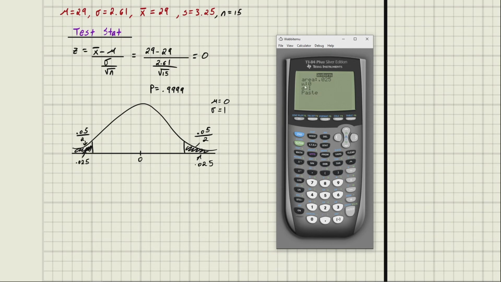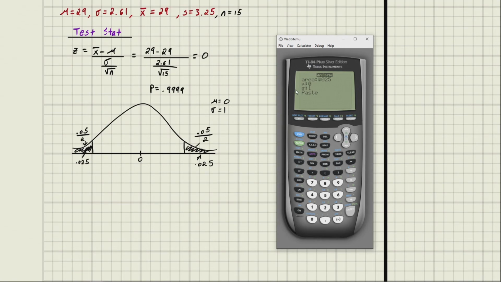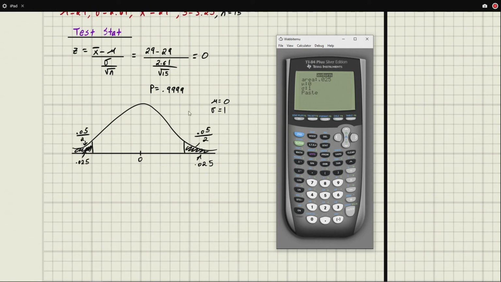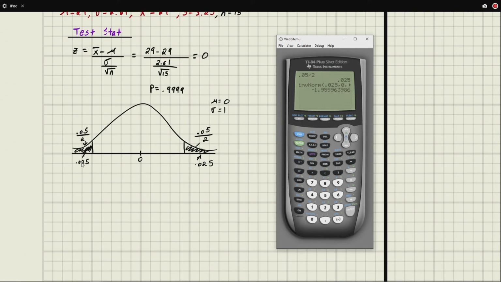I see this is another common mistake. People will put in the stuff from their problem where you're looking at a pure standard normal distribution. So don't use the ones you have from the problem. Use just the ones that you know are there by default. This is a z-score. So we're going to hit paste, enter, and we get out the negative version because we looked up 0.025, and this returns the area to the left. So it's this area shaded.